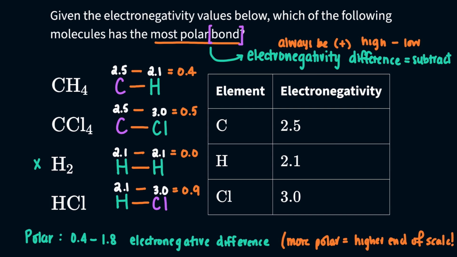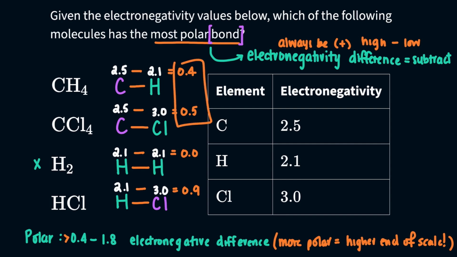Maybe we'll say you have to be greater than 0.4 up until 1.8. Now, let me close this parenthesis out. So I'm down between a 0.4, a 0.5, and a 0.9. The more polar the bond, the higher end of that scale you are at, so the higher value. Out of these, can you tell me which one would be the most polar? Yeah, you're absolutely correct. It is HCl.